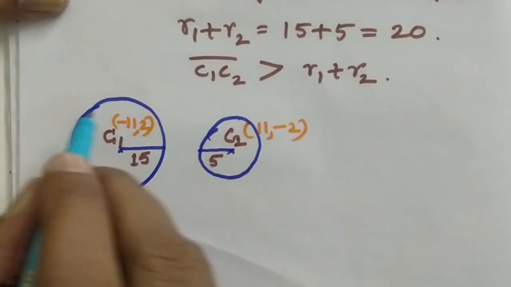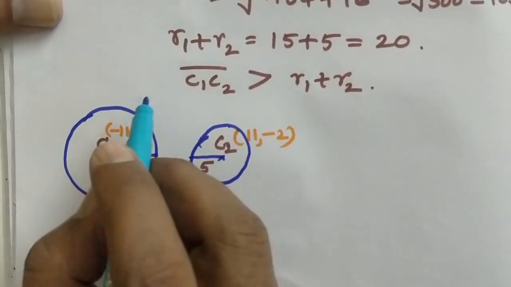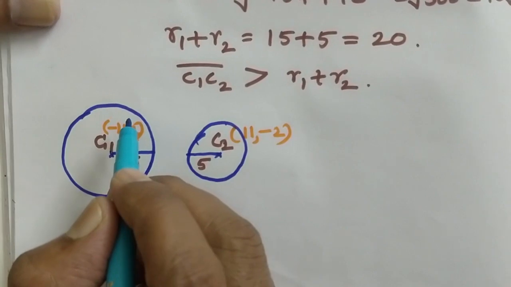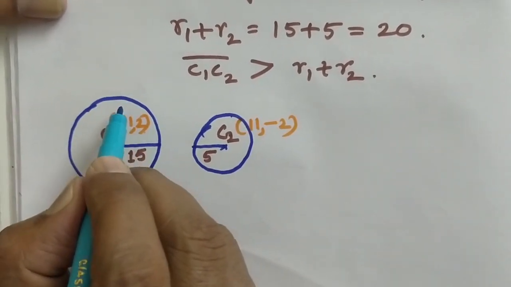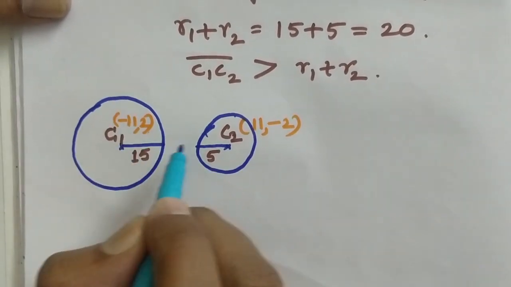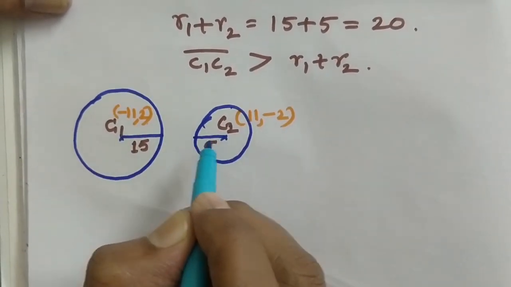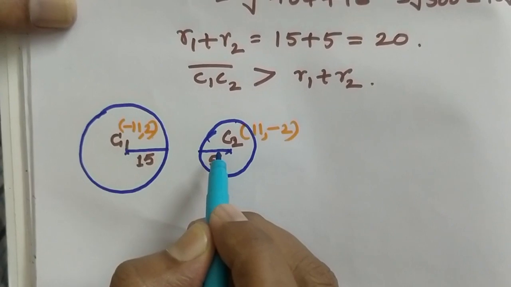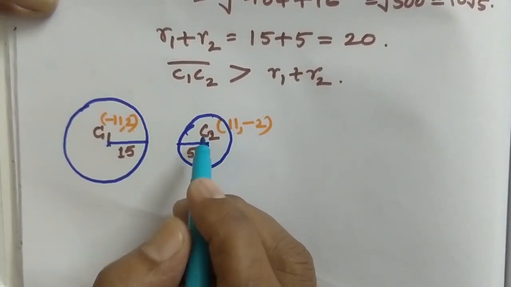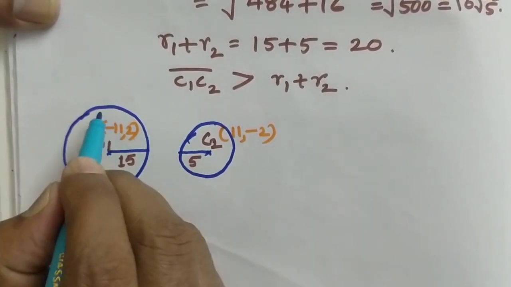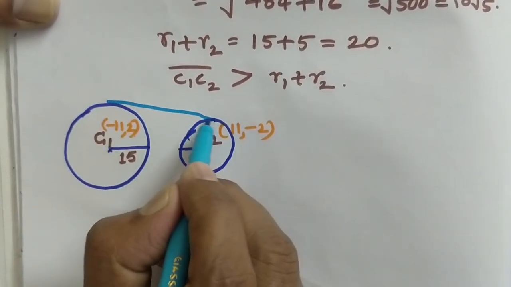Okay. Now, here I want to find the direct common tangents. You know that if the two circles do not intersect one another and they have some distance between them, then you can draw four common tangents. In that, two are the direct common tangents.